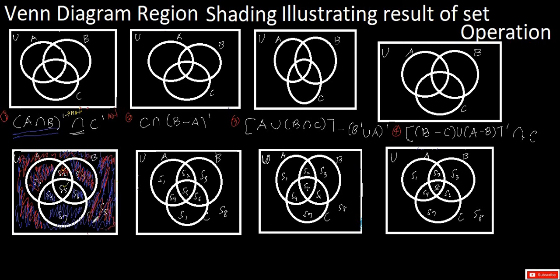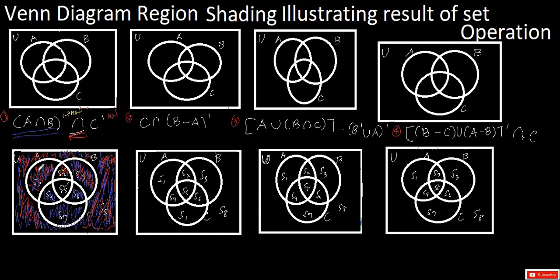Okay, and since the main operation here is intersection, we're going to determine the intersection of the shaded region for the result of the complement of the intersection of set A and set B, and the complement of set C. And these regions are the overlapping of the two colors, the red and the blue.